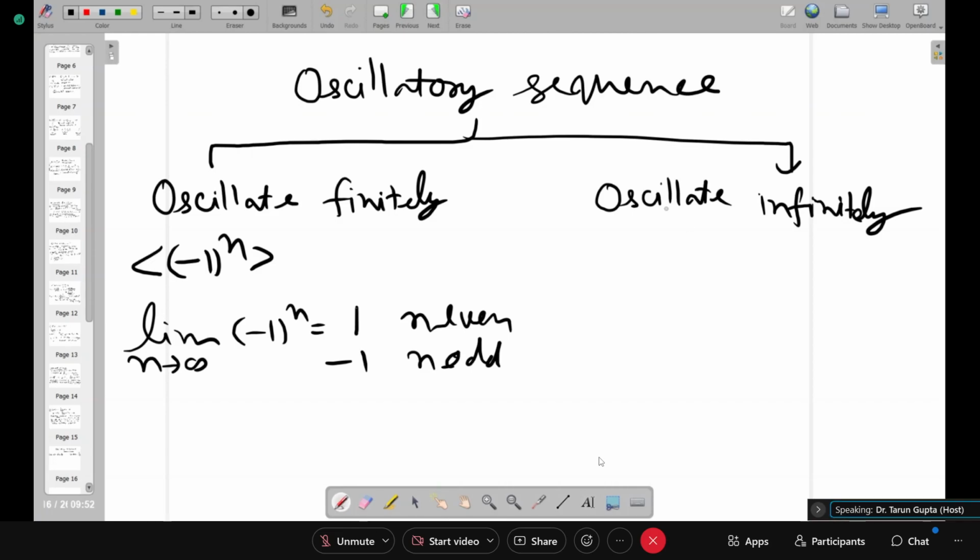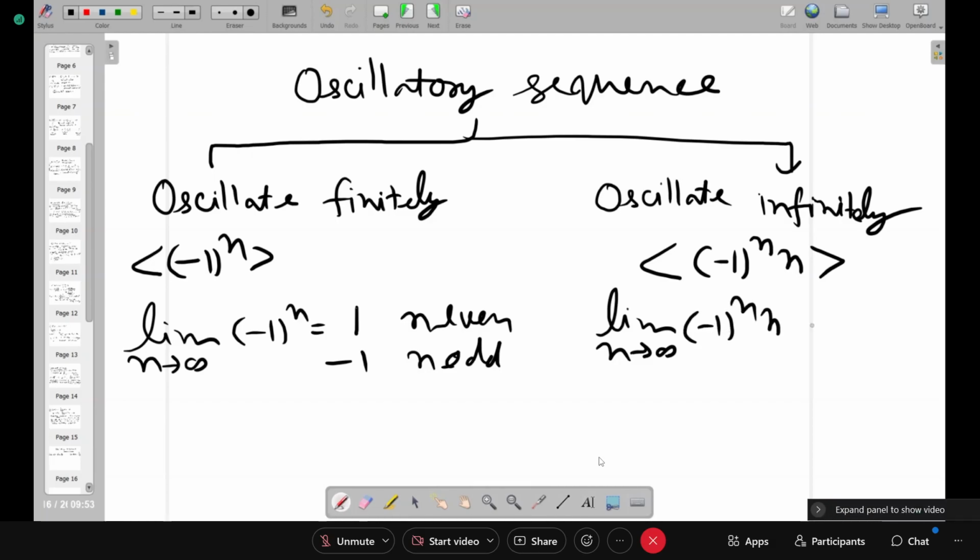And if we write the sequence (-1)^n times n, this is a sequence. If you find the limit of this sequence, someone asks: Sir, -1 to the power of infinity is undefined, no? How can we say it is even or odd?